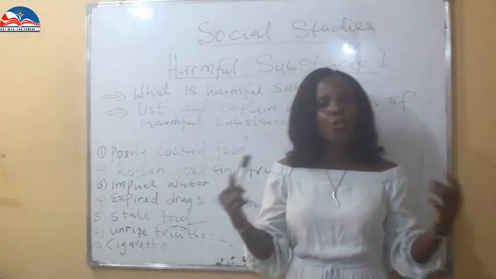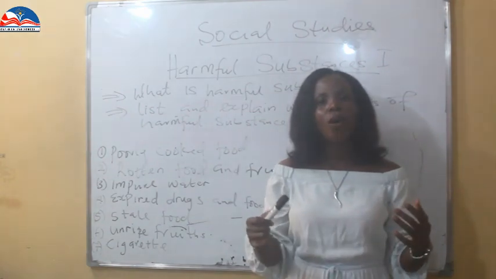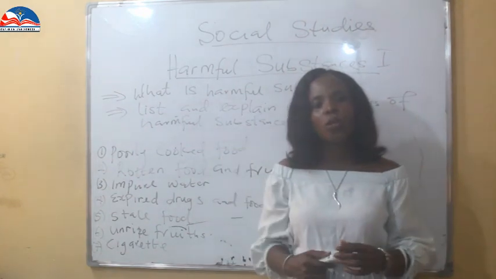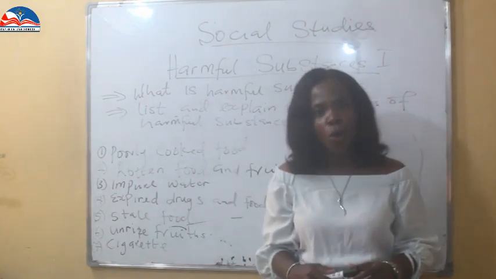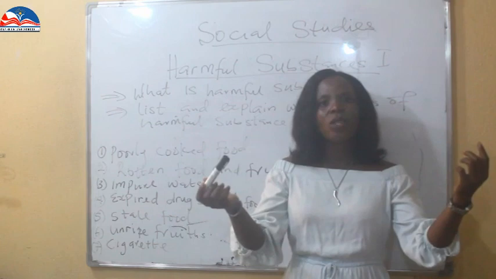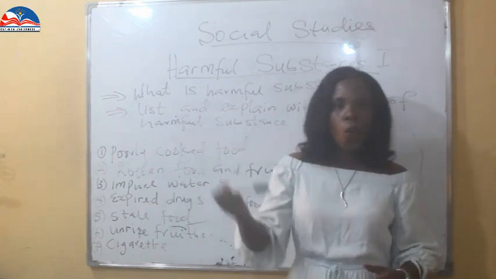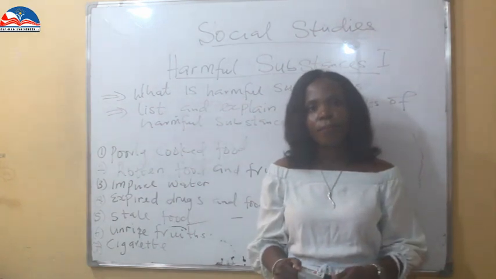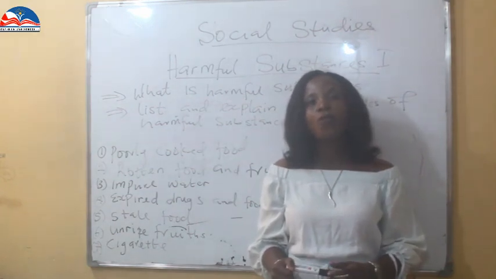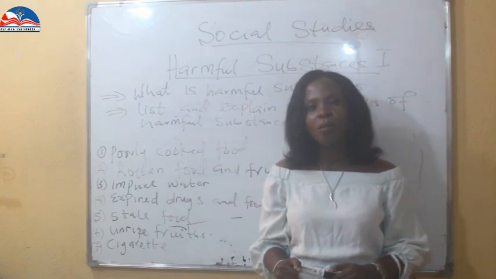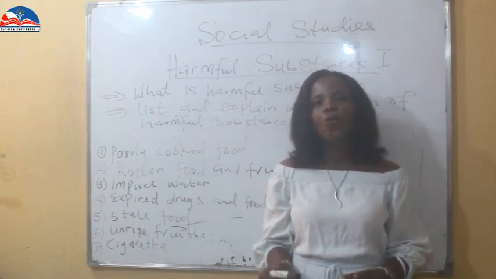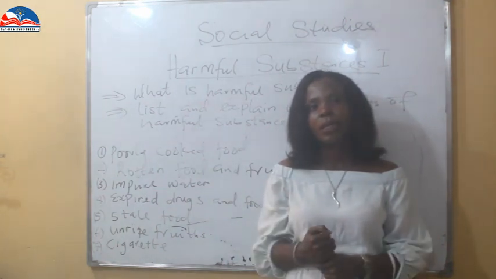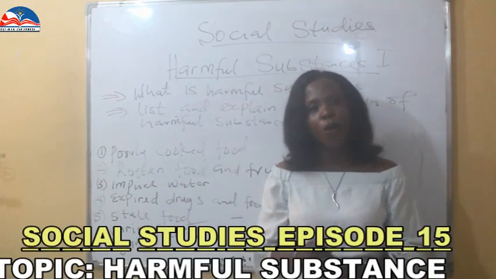Other foods too that might be improperly cooked, because they are not cooked to the degree they are supposed to be cooked, once consumed, cause harm to the system. So we must cook our food properly before we consume them. Make sure your food is well cooked, boiled. For meat, let it cook very well.